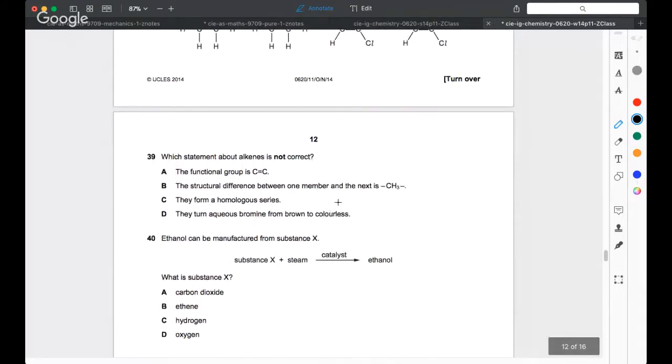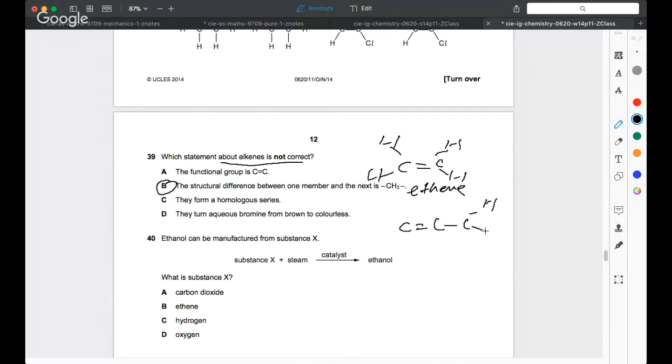Number 39. So B is not correct, because if you think about going from this molecule to the next one, you are essentially adding a CH2 unit instead of a CH3, because although you've added a CH3 unit here, this carbon loses 1 hydrogen, which offsets with the hydrogen you're adding.